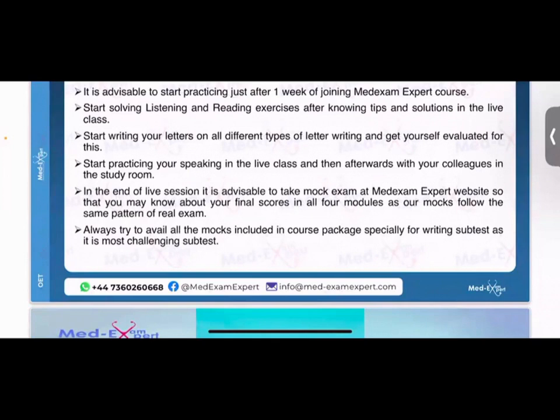So 3 live letter assessments and 3 detailed feedbacks of your letters will be given to you if you are part of our course. For the writing subtest, I know it is the most challenging subtest, but still it is the most doable one. But the condition is that you know every essential of letter writing.